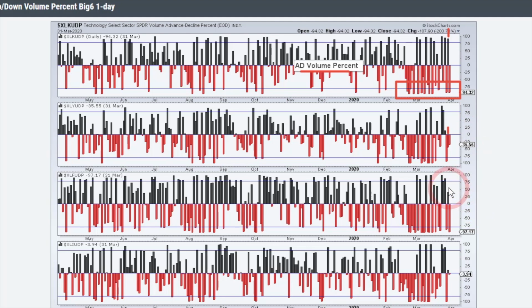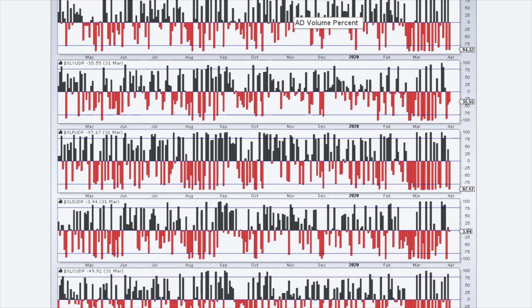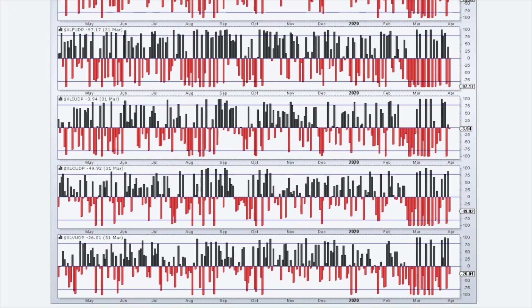Then if we look at finance, we can see not a big day for AD volume percent on that advance on Monday. And I'm going to scroll a little bit further down to show you the other sectors that I have here. We have industrials, and you can see that it barely registered on Monday's advance.